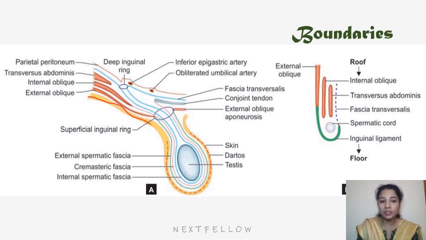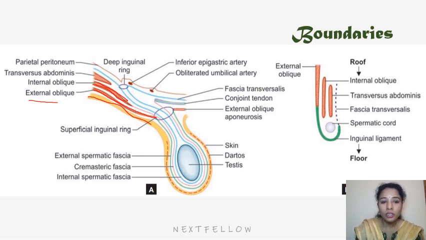Just beneath it, the whole of the anterior wall is formed by the external oblique aponeurosis. Partially, on the lateral one third, we can see the fleshy fibers of the internal oblique muscle. So these are the structures forming the anterior wall.